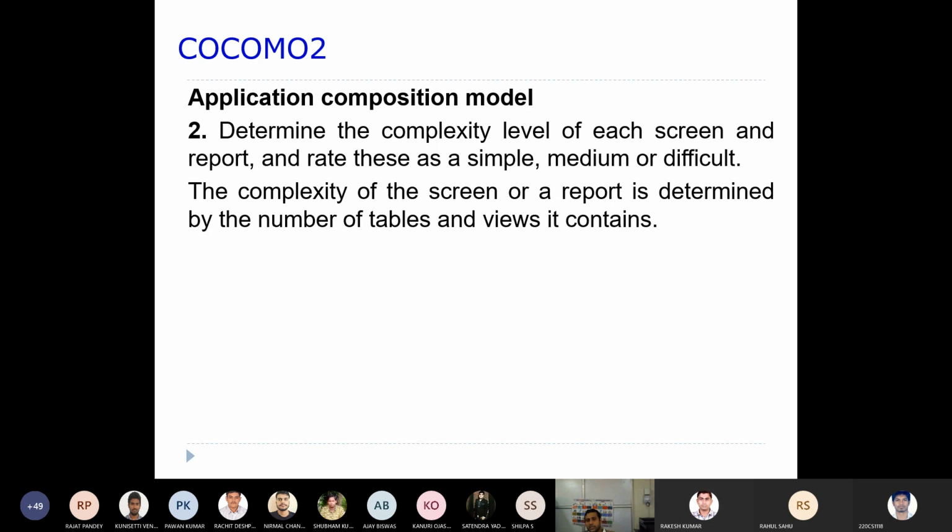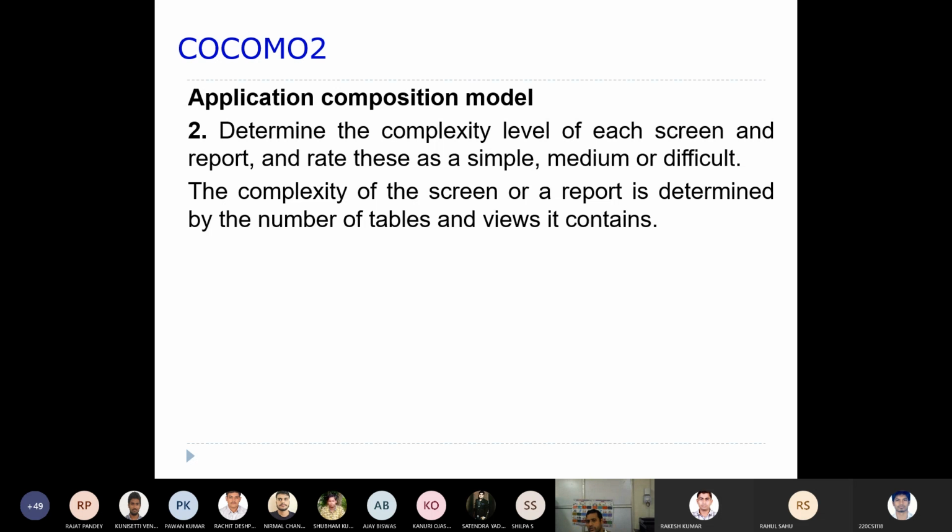Based upon this complexity, the cost will be computed. The complexity of a screen or a report is determined by the number of tables and views it contains. So this simple, medium, difficult classification is based upon the number of tables and views.